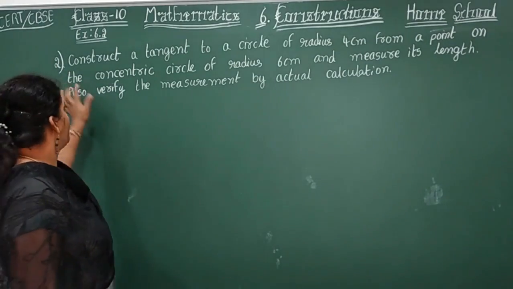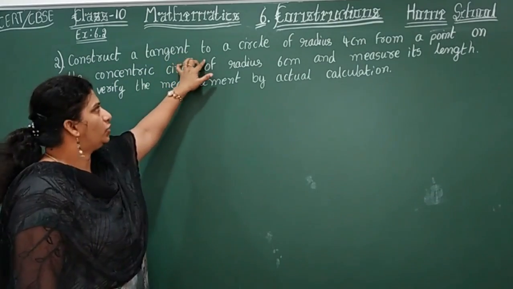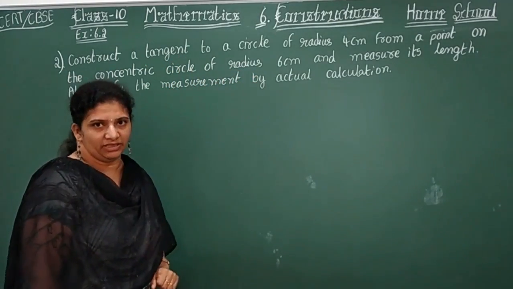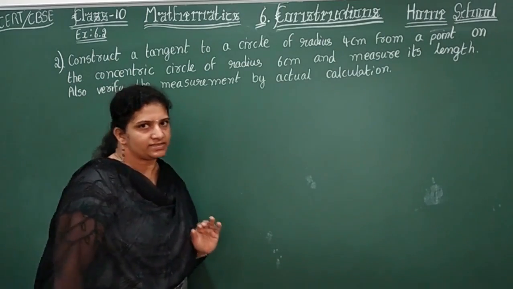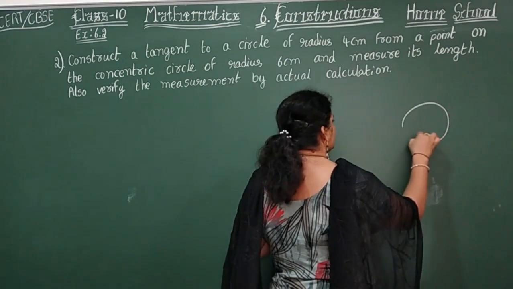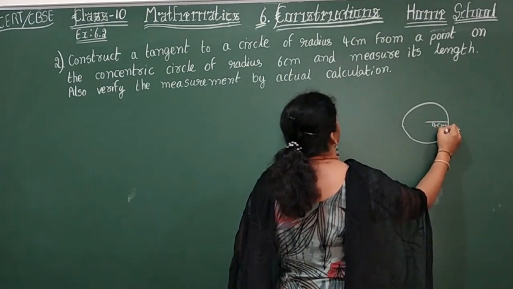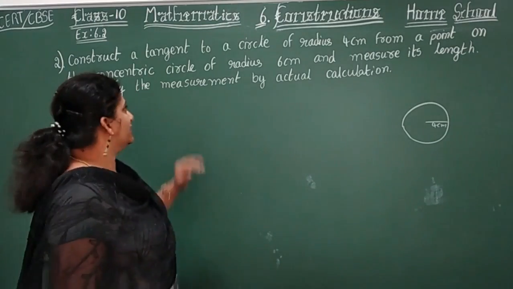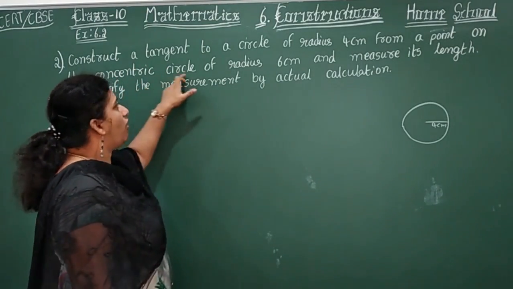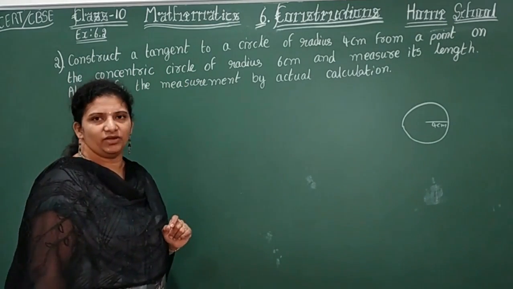Second problem. Construct a tangent to a circle of radius 4 centimeters. So, let's understand here. Okay, this is a circle, children. What is its radius here? 4 centimeter circle. Draw a tangent from a point on the concentric circle of radius 6 centimeters.